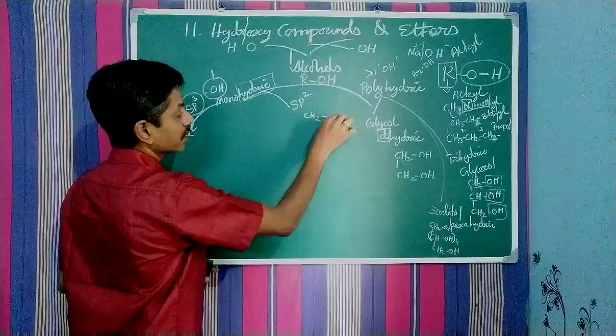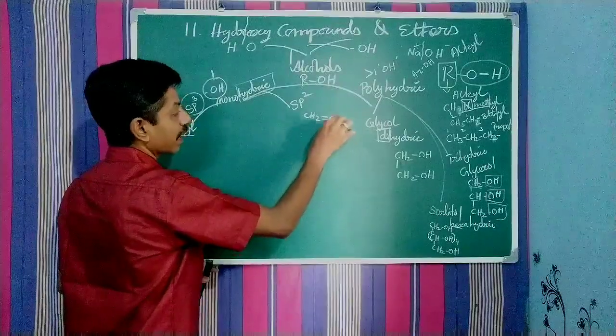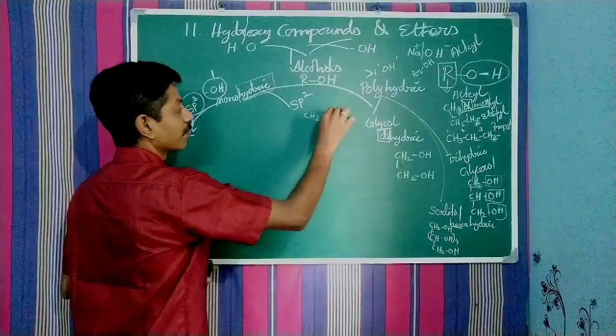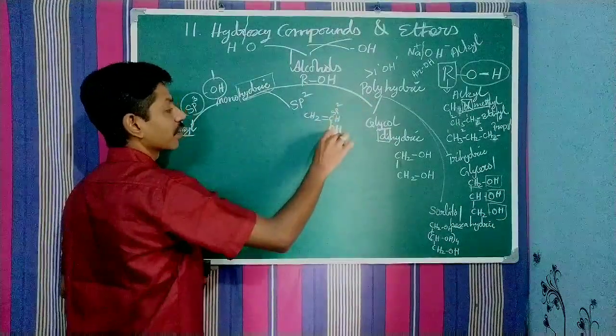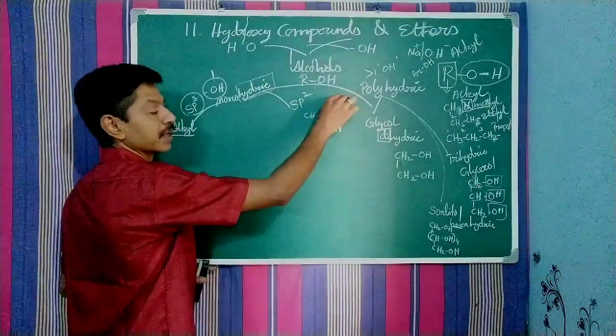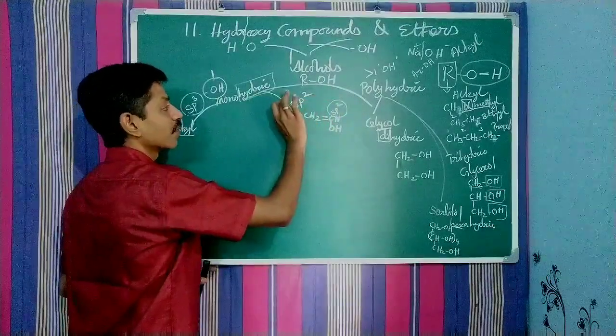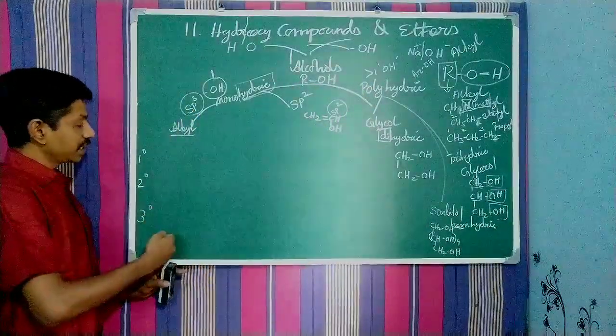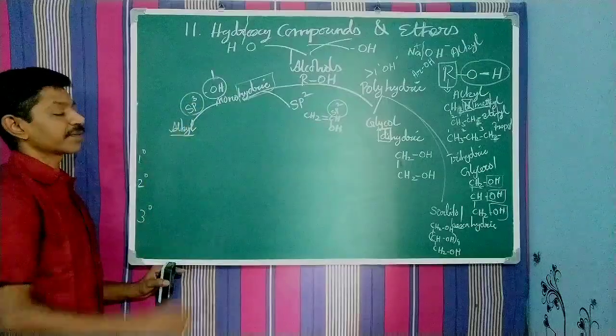The best example is vinyl alcohol. Here this particular compound has an sp2 type of carbon. The OH group attached carbon is sp2 type. Then we talk about monohydric with the sp2 type of carbon linkage. But all the others are sp3 type of linkage.